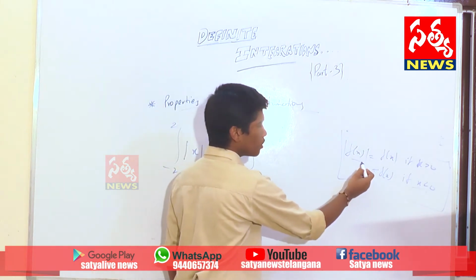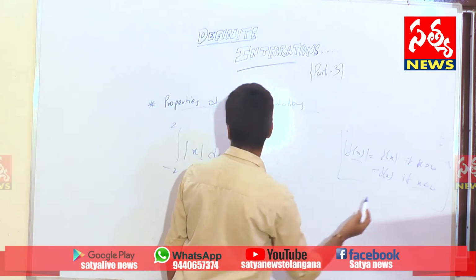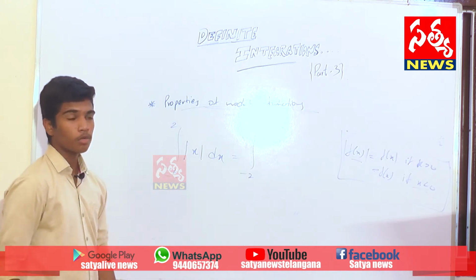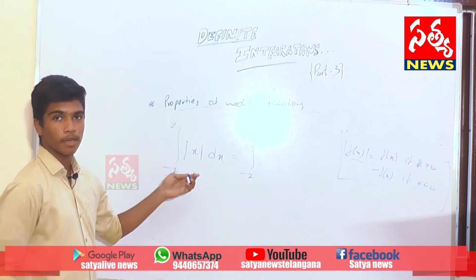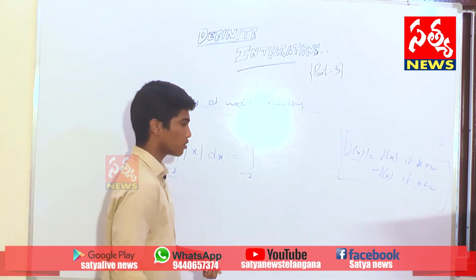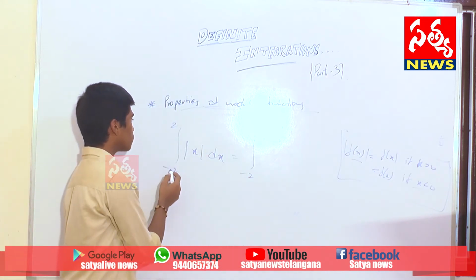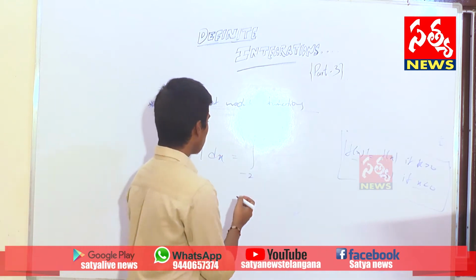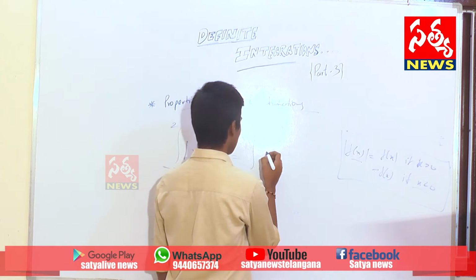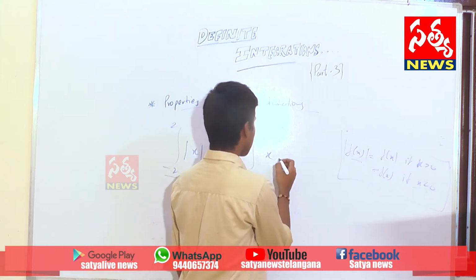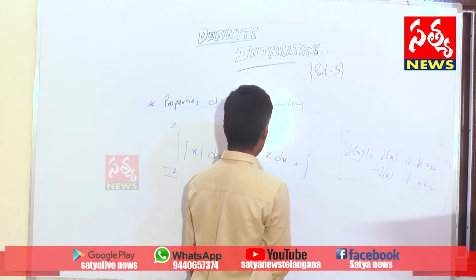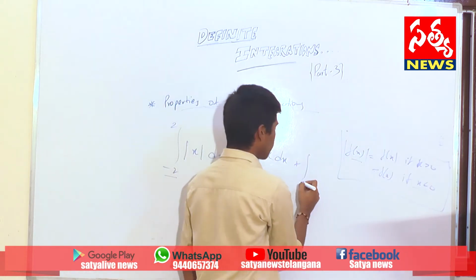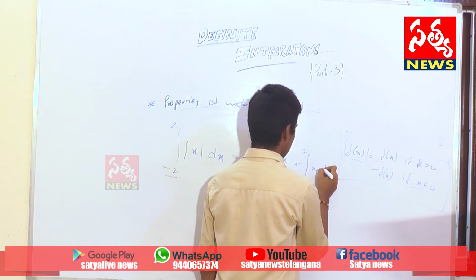As per the condition, in the interval minus 2 to 0, x is negative, so mod x becomes minus x, and in the interval from 0 to 2, x is positive. So here the integration becomes integration minus 2 to 0 of minus x dx, plus integration 0 to 2 of x dx.